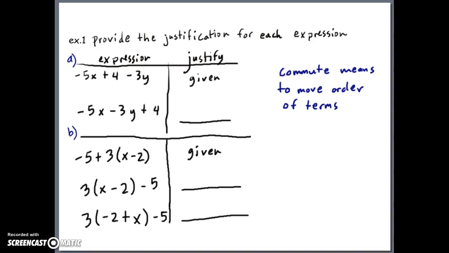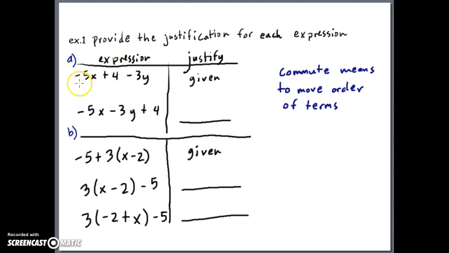So let's go ahead and get into 2 examples today. Here's our first example, and this example is asking us to provide a justification for each expression. While we're thinking about this, remember the word commute means to move the order of terms. In math, when you move things or simplify things, you have to give reasons or cite mathematical laws for what allows you to do what you're doing to the expression.